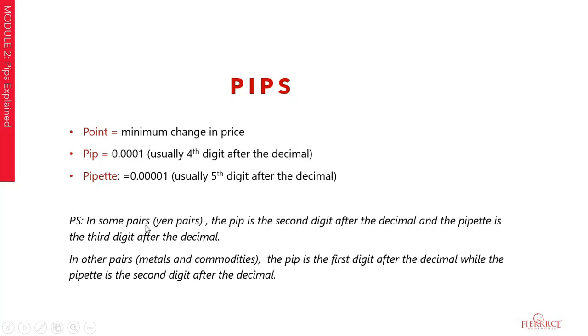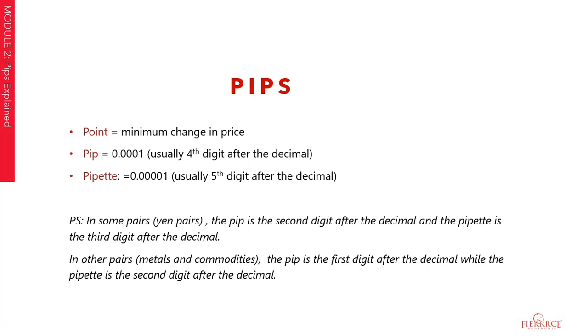Now, in some pairs, like the yen pairs, GBPJPY, AUDJPY, NZDJPY, and so on, the pip is the 2nd digit after the decimal, and the pipette is the 3rd digit after the decimal. What that means is that in yen pairs, and only in yen pairs, there are 3 digits after the decimal.